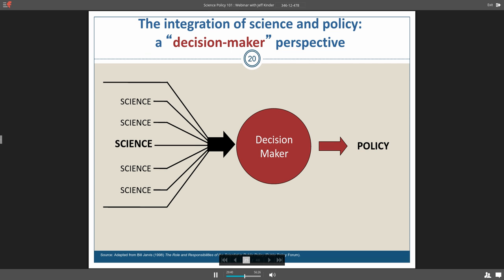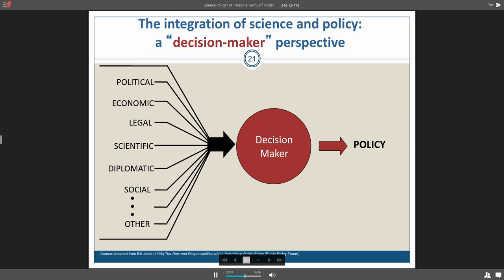If for no other reason, science doesn't speak with one voice, and particularly when we're dealing with public policy issues that are very multidimensional and multidisciplinary, we need inputs from multiple science voices, and so the decision maker needs to grapple with that.